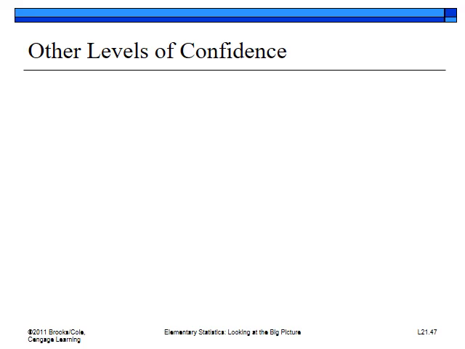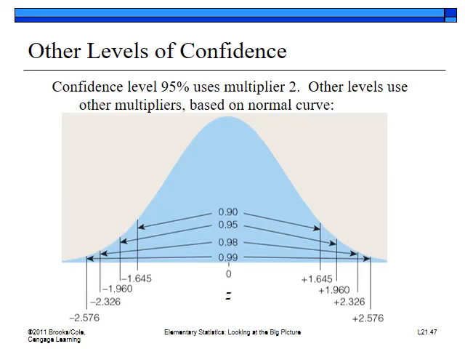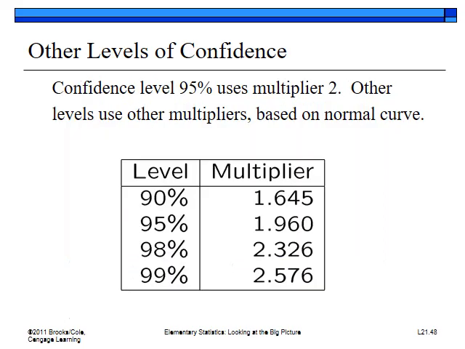Now, there's nothing special about 95%. We could also compute a 90% confidence interval, a 98% confidence interval, or a 99% confidence interval using these different z values as our multipliers. So if you want to report a 98% confidence interval, you'll use a multiplier of 2.326.